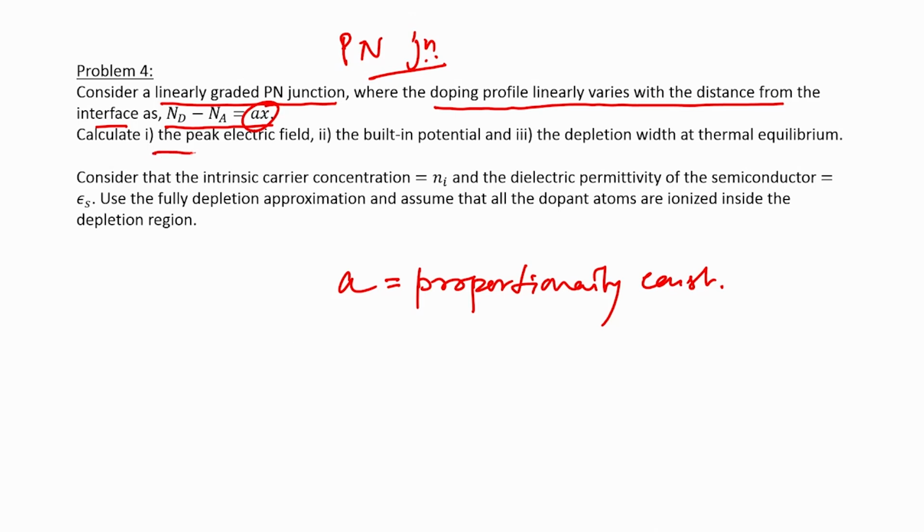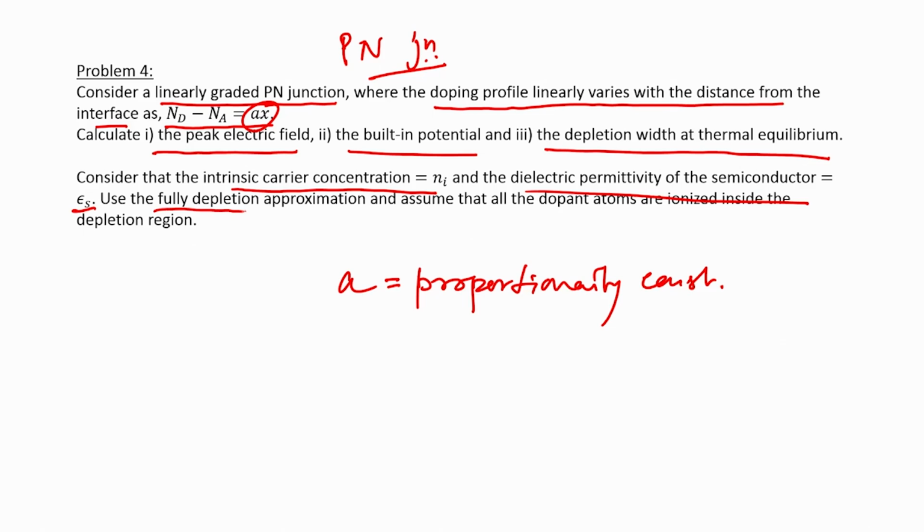Now here you have to find out the peak electric field, built-in potential and depletion width at thermal equilibrium. So basically you have to do that entire analysis of electrostatics at thermal equilibrium with this spatial doping profile. Some parameters are given, like the intrinsic carrier concentration equal to Ni, the dielectric permittivity of the semiconductor epsilon s, and some approximations you can use in your analysis.